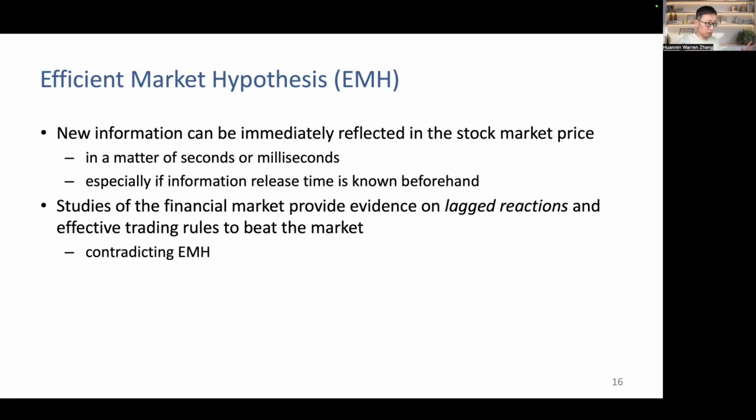So even though some investors can immediately react to the release of news, it does not prevent a lot of other investors who are not attentive to the news from reacting at a later time. So because of this, the lagged reaction could be contradicting the efficient market hypothesis.